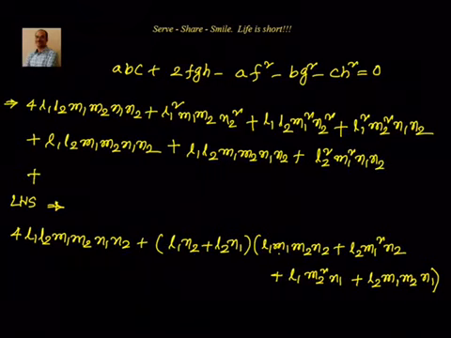Next plus L2 N1 into L1 M2 square N1, so L1 L2 M2 square N1 square. The last one, L2 N1 into L2 M1 M2 N1, that is L2 square M1 M2 N1 square. So this is what we got.